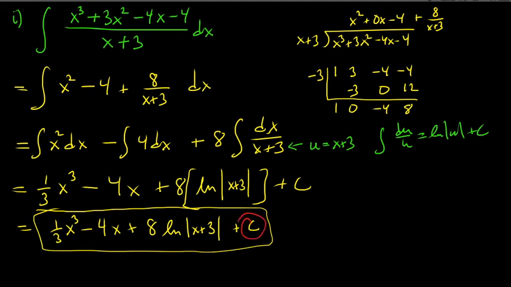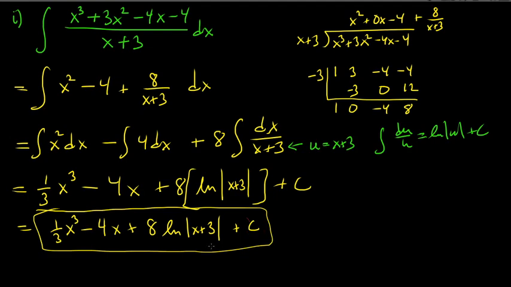C is a number, 15 is a number. So if you do it the other way and you get, say, a plus 15 somewhere, you could just absorb that into the C. It's a number, right? So you don't have to. You can leave it as plus 15 or whatever number that is. But the point is, you don't need it there because it's a constant. And so the C takes care of any such number, right?